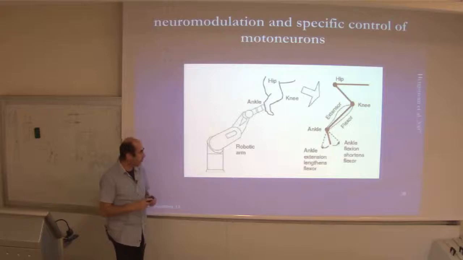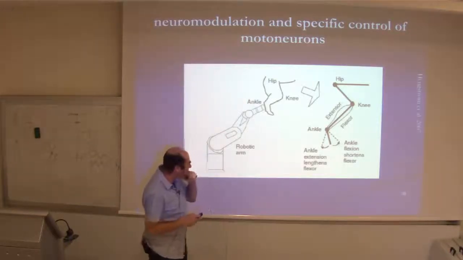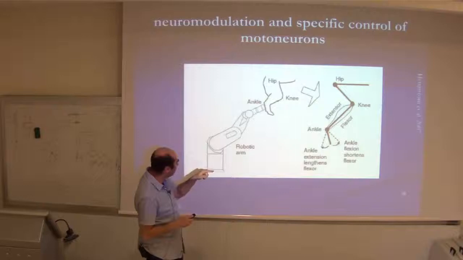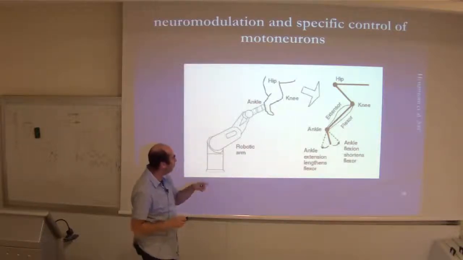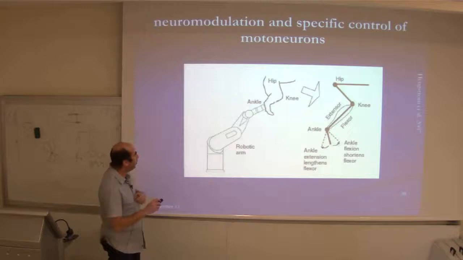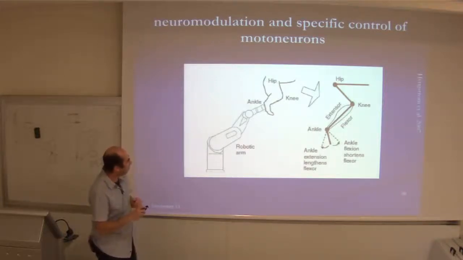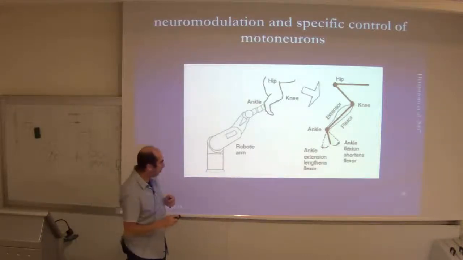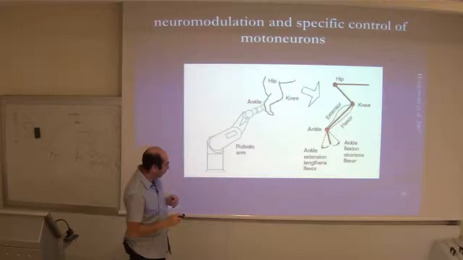This is another slide, and what I want to mention is more in the context of a method rather than a result. There's a cat, and you have something that moves the ankle of the cat in a controlled way, and causes either flexion or extension of this joint.